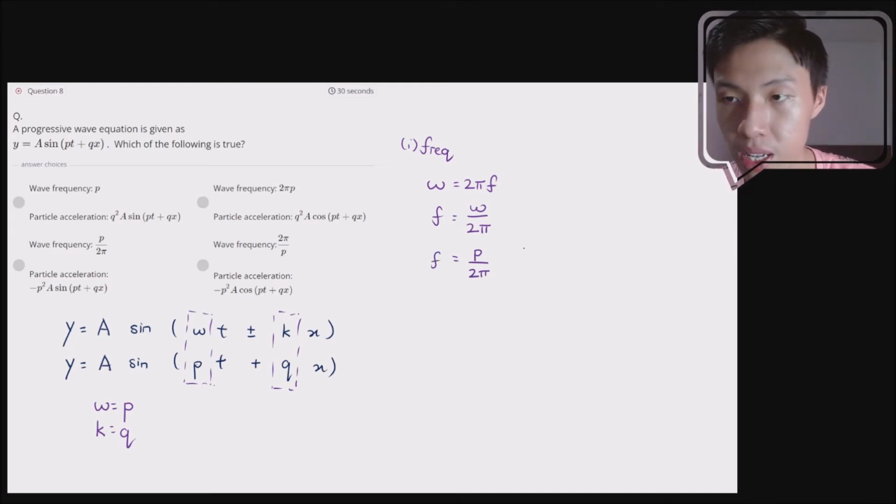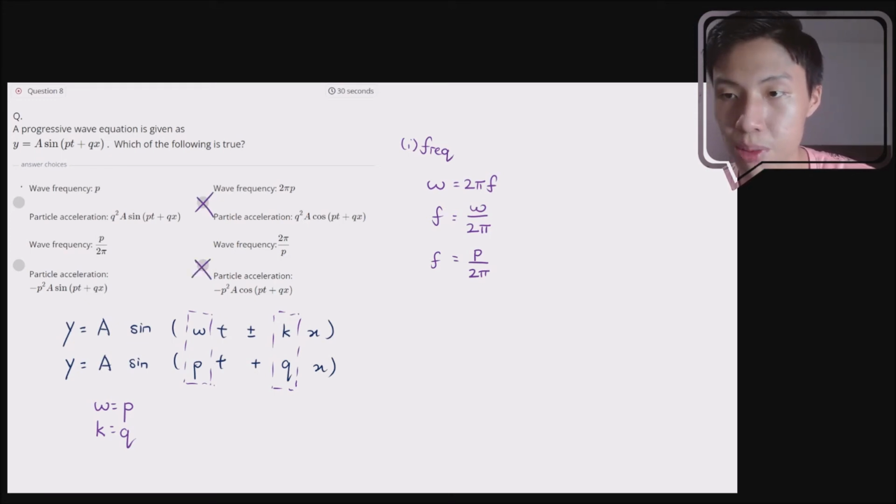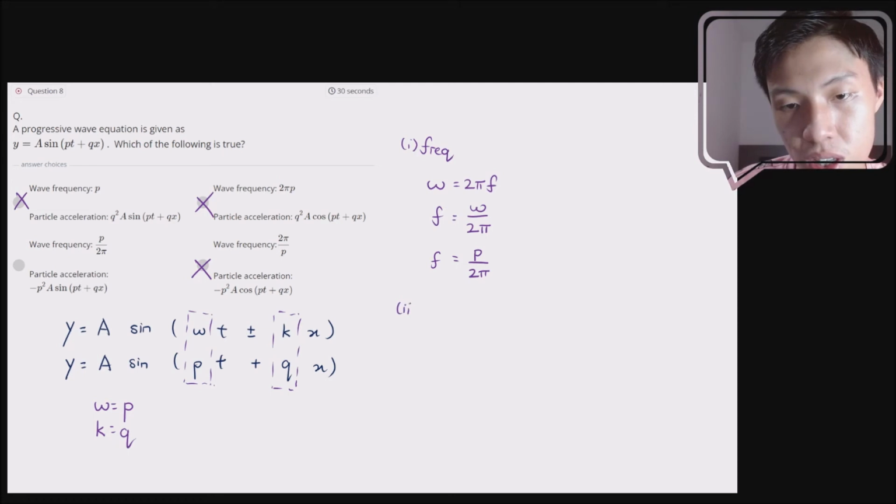If we just look at this first part of the problem, we can already eliminate everything except for the correct wave frequency option. But let's continue. Let's try to determine the particle's acceleration.